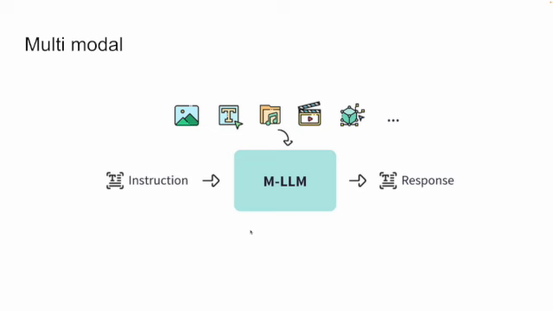There is also one more new invention in the area of large language models, which is the multimodal LLMs. So the idea is that instead of just training the large language model on text, can we give it different types of inputs?